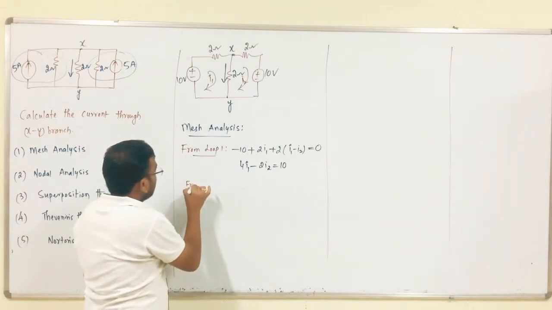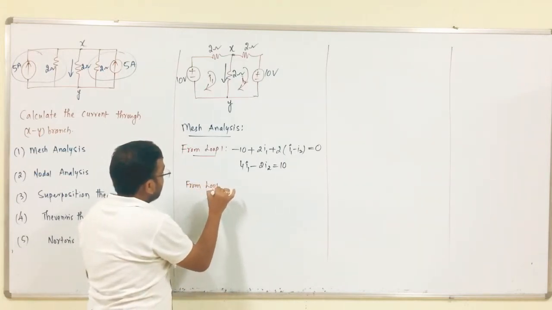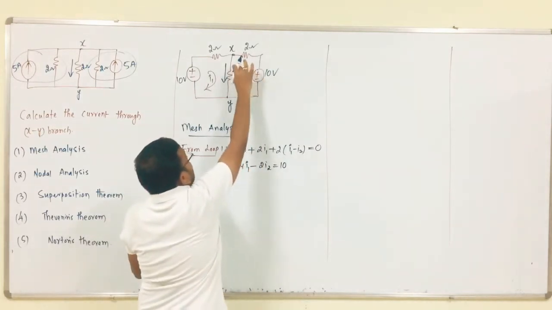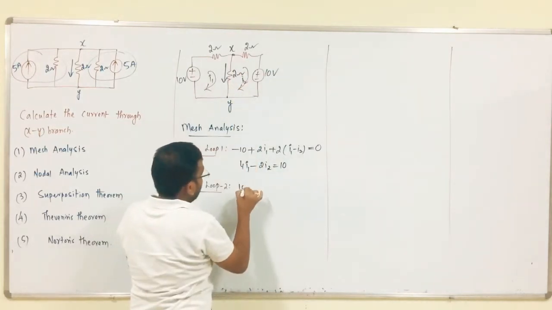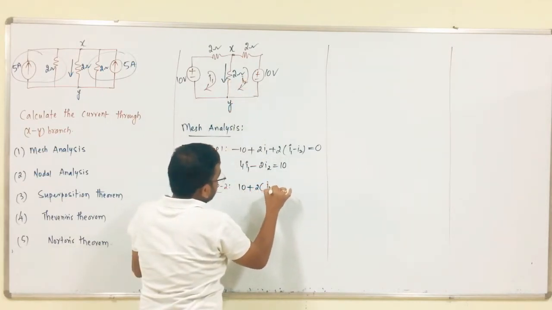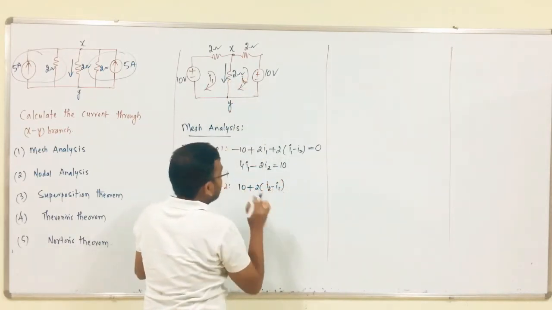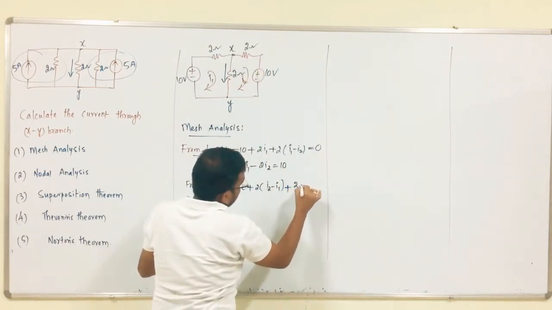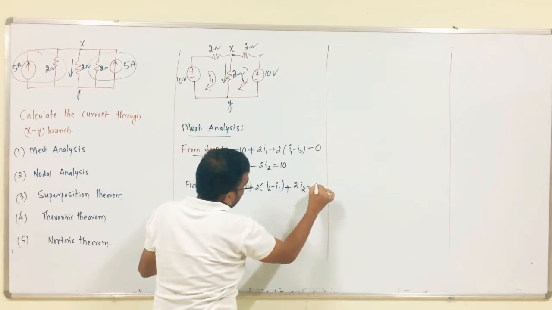From loop 2, starting from here, because the current direction is like this, that is 10, the current through this branch is 2 into, with respect to I2, I2 minus I1, plus 2 into this branch, which is present only in loop 2, that is why 2 into I2.